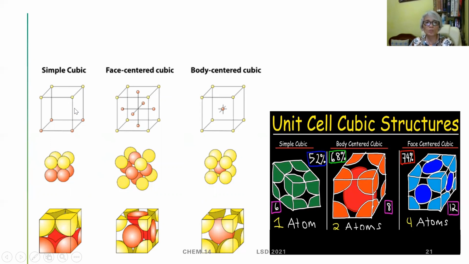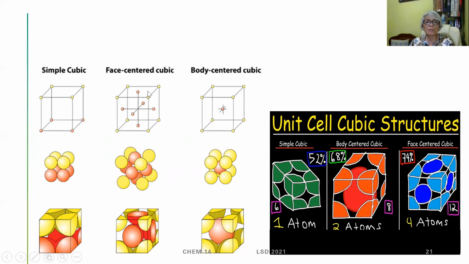So, a simple cubic contains only 1 atom. A body-centered cubic, so yung simple cubic, mayroong 1 atom, tapos may isang atom sa gitna ang body-centered. So, obviously, a body-centered cubic has 2 atoms. Okay? While a face-centered cubic has how many? So, ang face-centered cubic ay simple cubic, no?